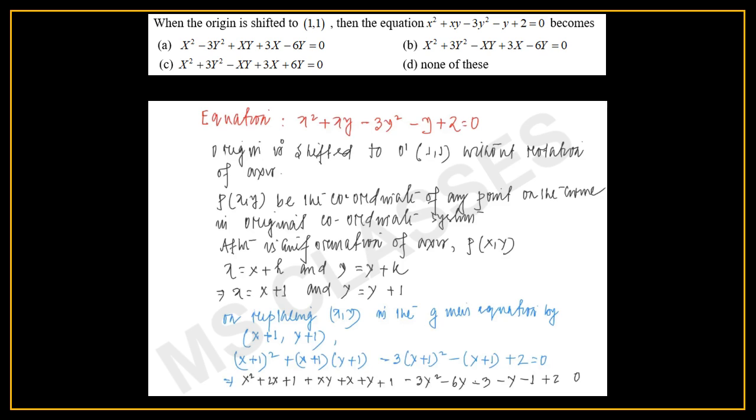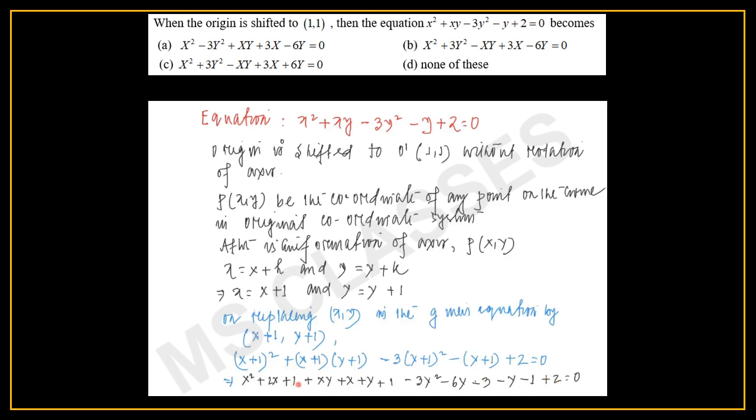Now here what we observe: we get 3X, XY, and minus 6Y, since minus 5Y minus Y is minus 6Y only. The Y terms cancel out, the constants also cancel out.